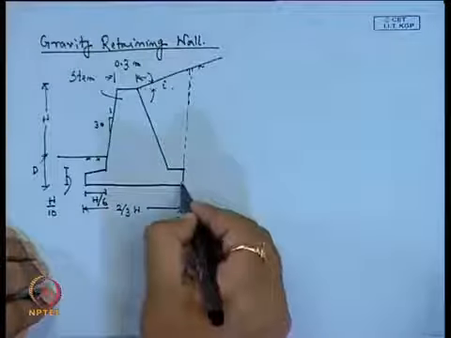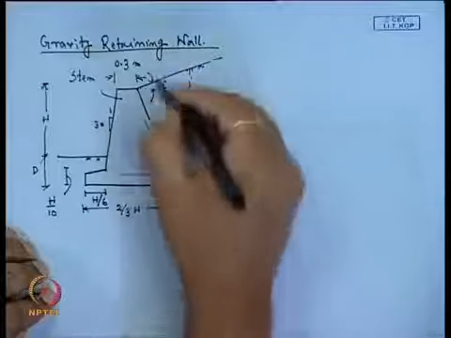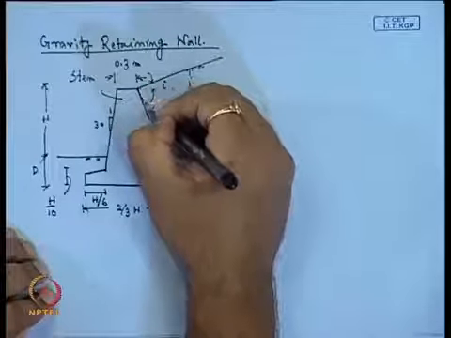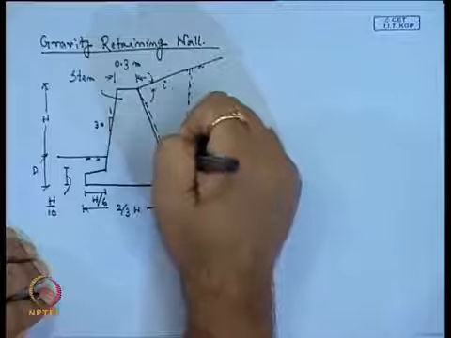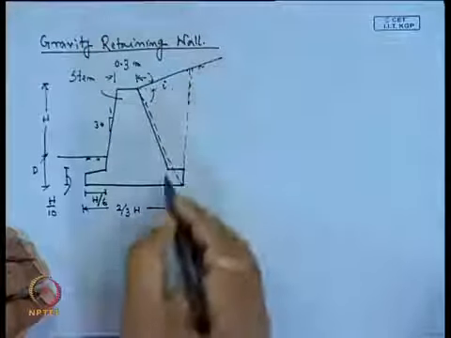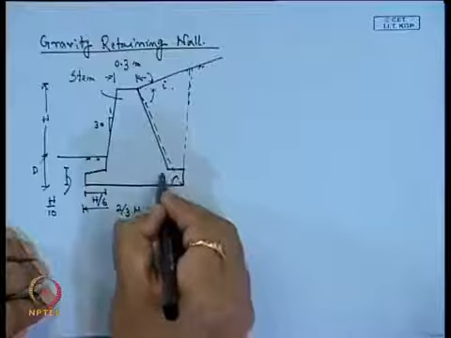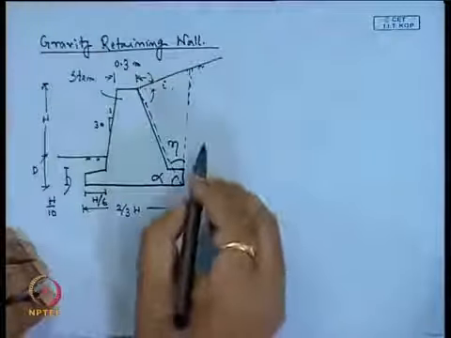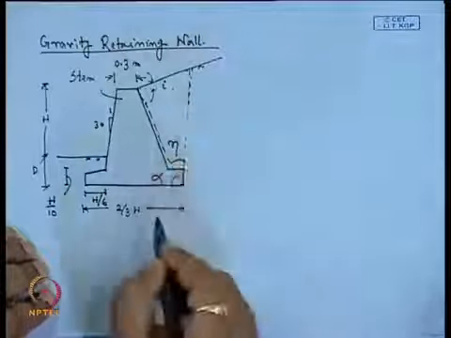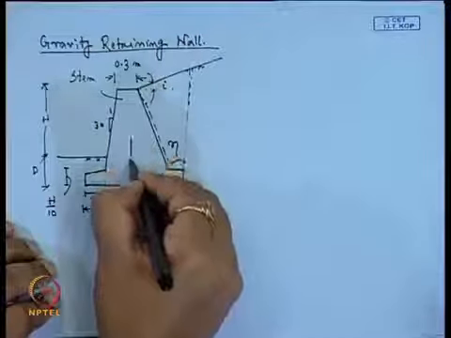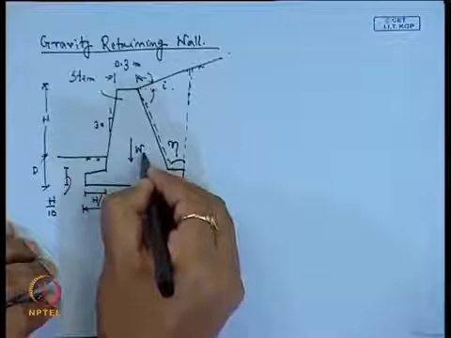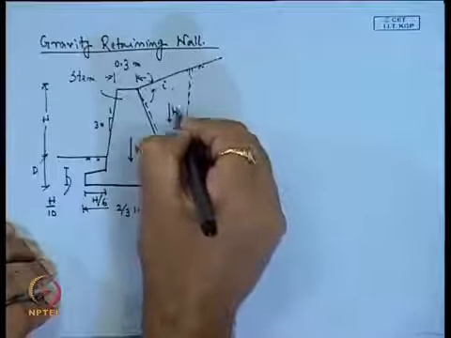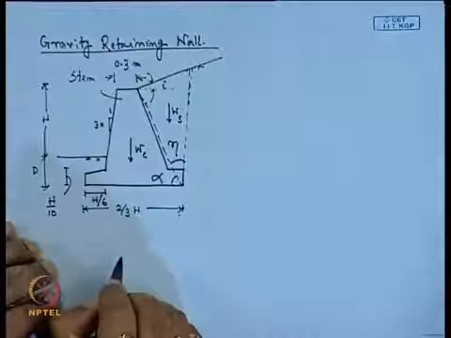Now, if I join this line with this extreme point, and if this angle is alpha and this angle is eta, then what are the forces that will act? So, this is the weight of the concrete W c, and this is the weight of the soil we can consider.